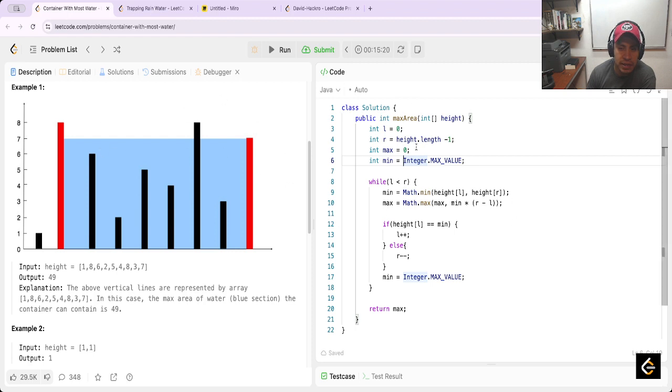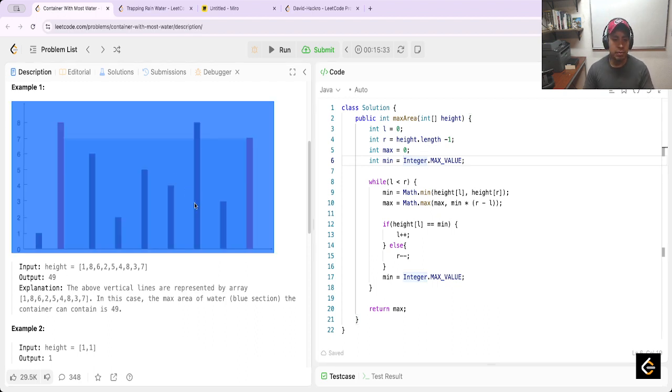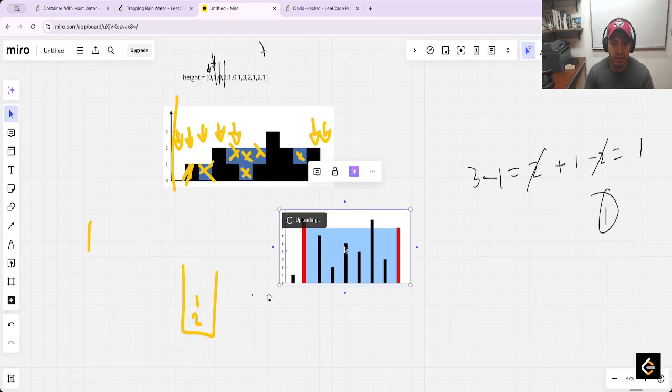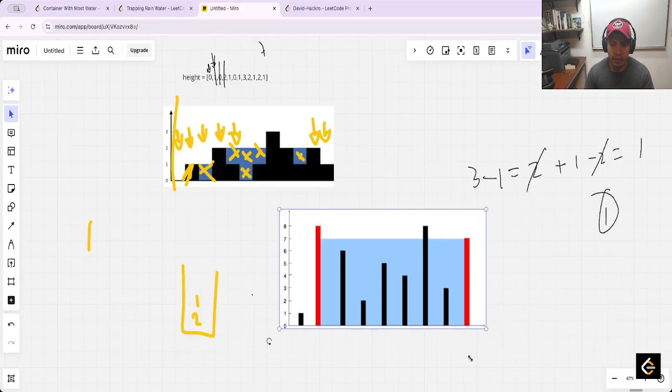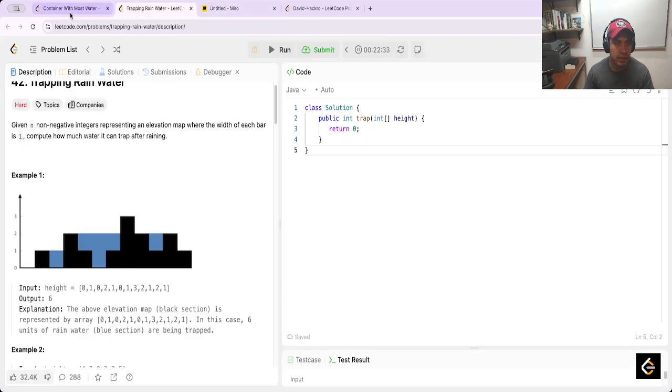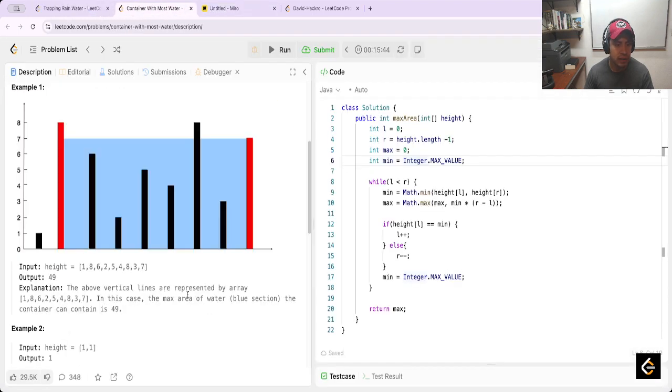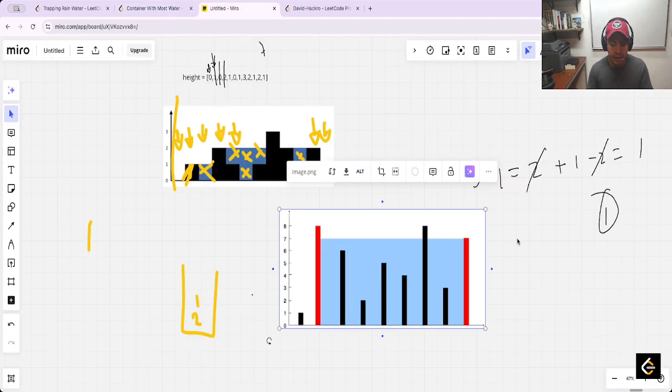Yeah, I think that it's very similar to this because, for example, the answer here is 49. This case, max area of water. Yeah, it's very similar because in this case, for example, is to detect the container with most water.